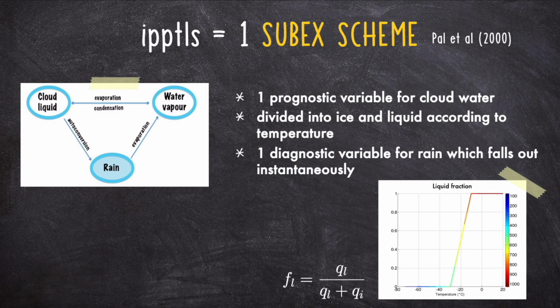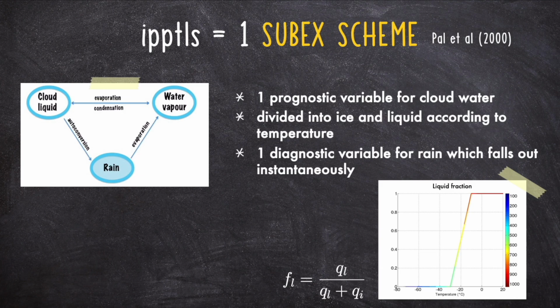At the bottom we see the liquid water fraction with colored dots representing data from different level pressures. So in red we have the surface, and in blue we have the top of the troposphere.